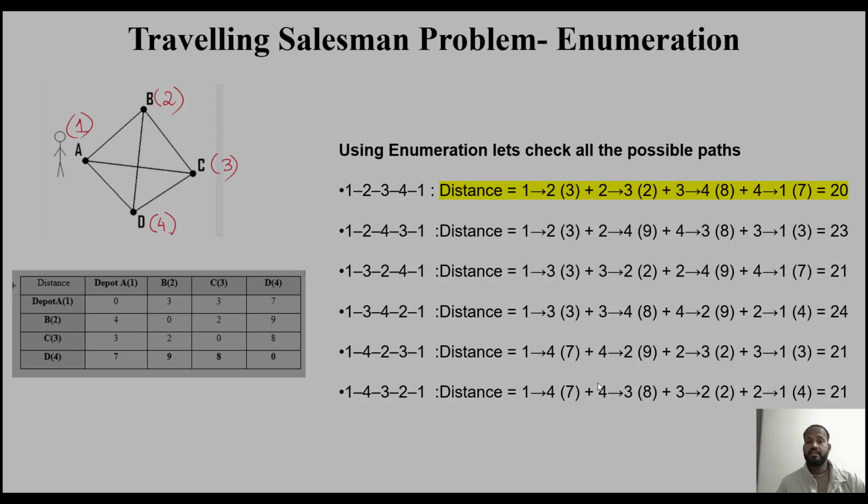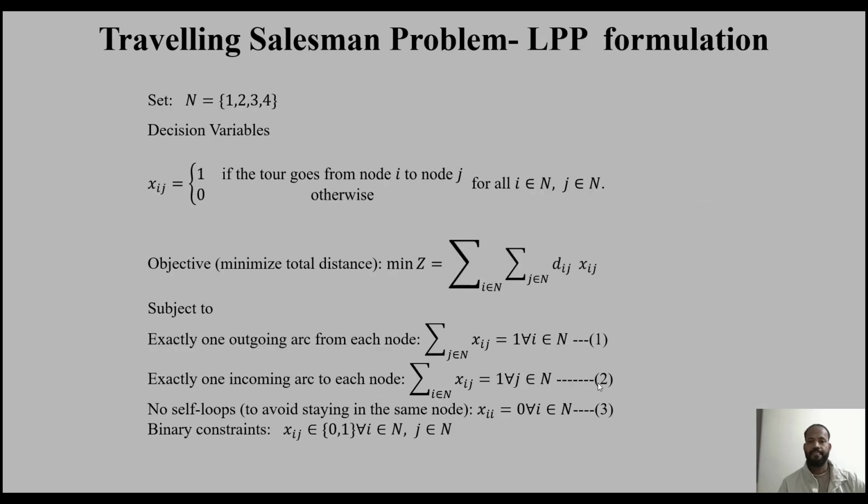After calculating, you can see the distance for the first route is the minimum, which is 20. So the optimal answer for this problem is 20. Now in the next slide, we will see how to actually solve this without enumeration by formulating it as an LPP and solving it.